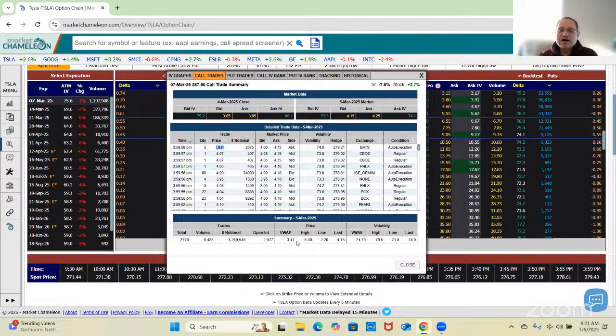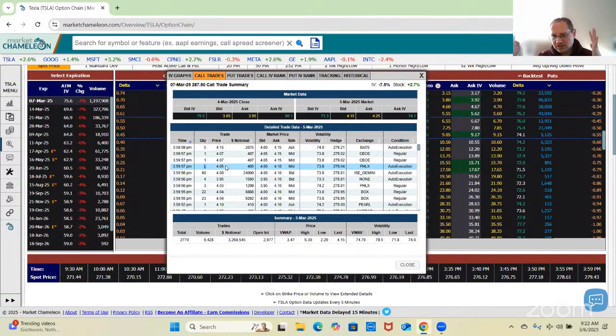So the volume weighted average price shows us the average price that this option traded at, volume weighted. What that means is, here's 60 contracts that traded at $4. Here's one contract that traded at $4.05.